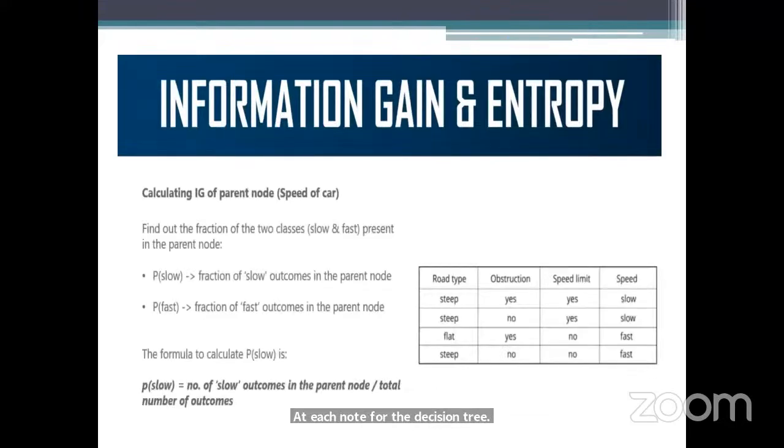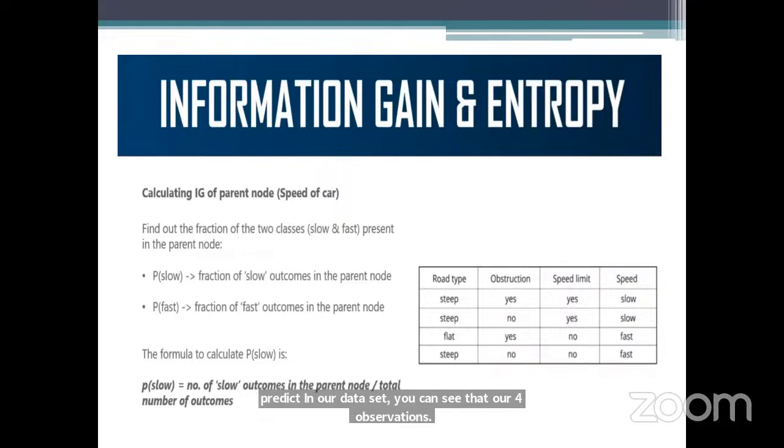Now, the variable with the highest information gain will be used to split the data at the root node. Now, in our data set, there are 4 observations. You can see here. So what we are going to do is start by calculating the entropy and information gain for each of the predictor variables.